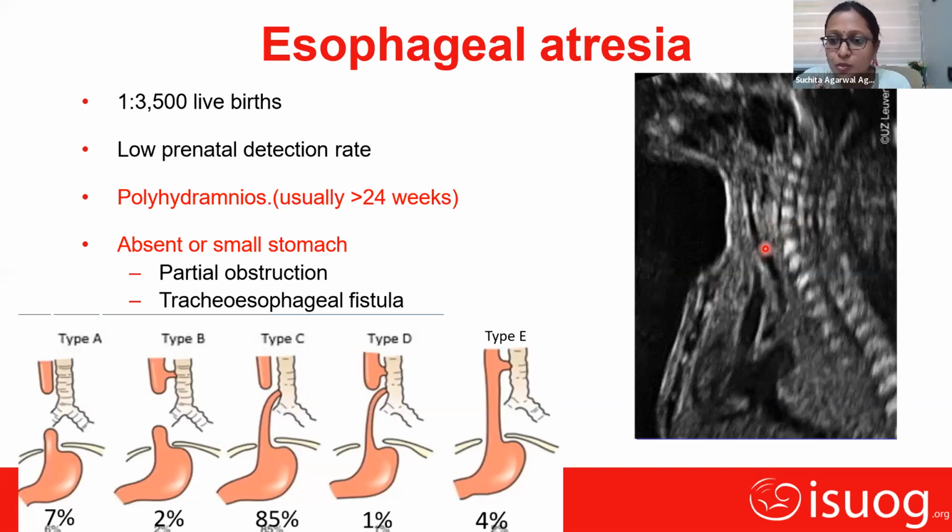So this one, sir. So actually, there are 4 lines. When we look at the sagittal section of the spine, then we can look at the 4 lines which denote the esophagus. So when there is an atresia, then you can find a pharyngeal pouch over here.